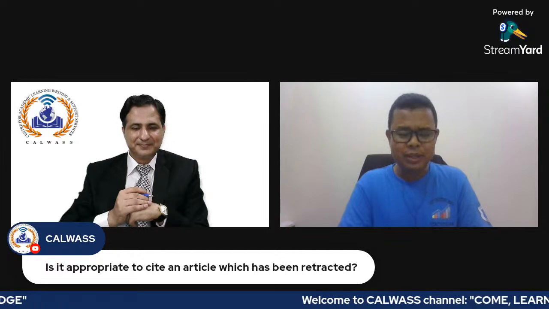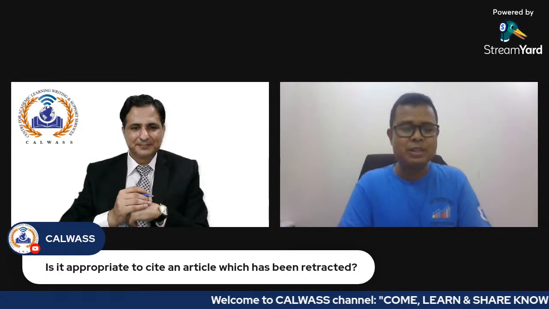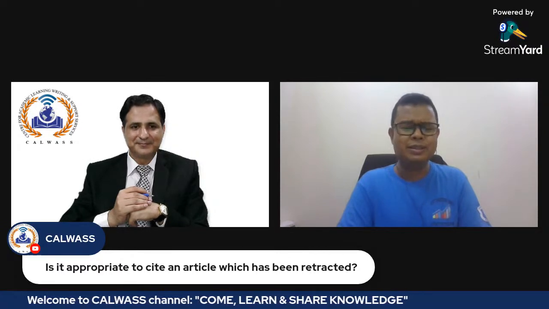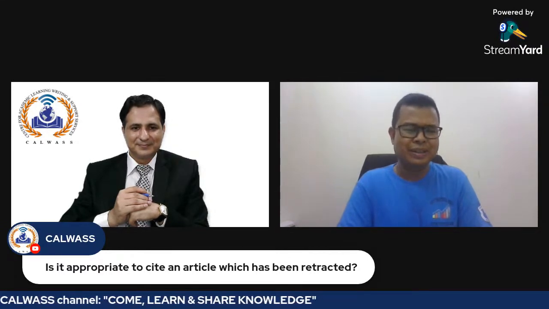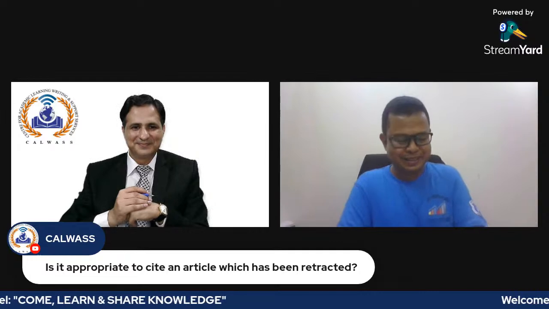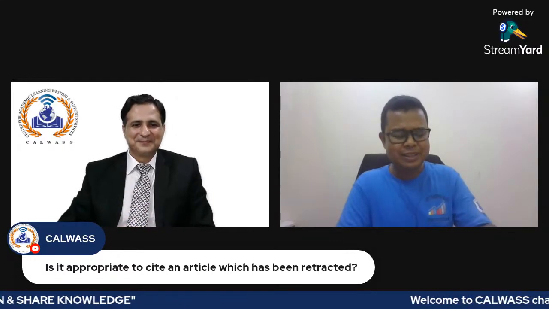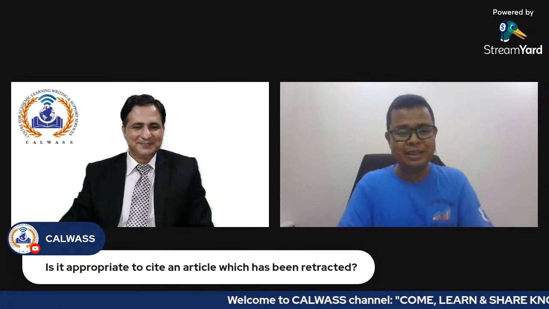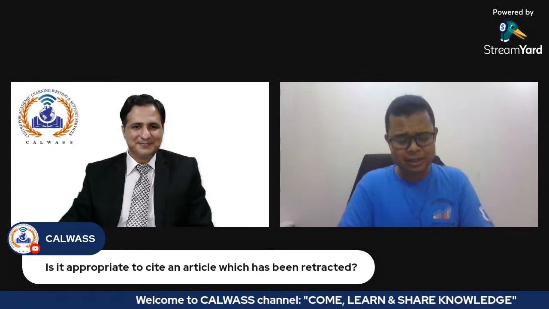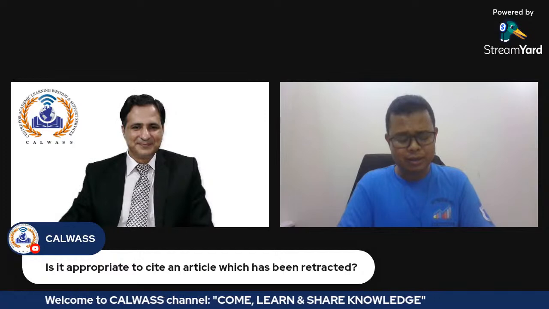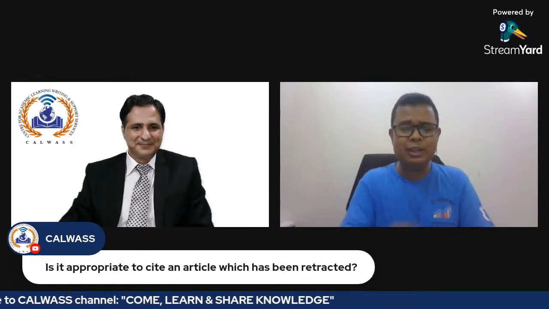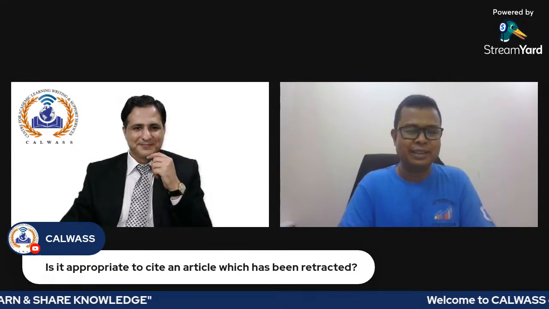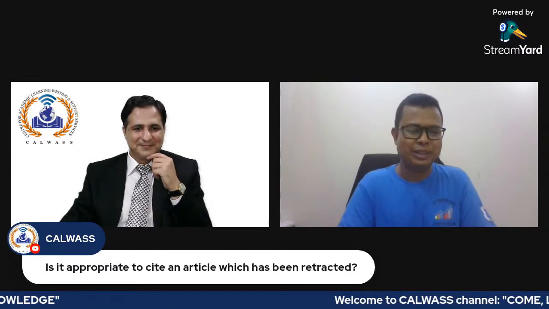Because if you think one citation is very important on your topic, so please do it, right? Whether that journal retracted or not, it doesn't matter. But if you think that reference is really related to your topic, so please do cite, right? Otherwise you can avoid this one.